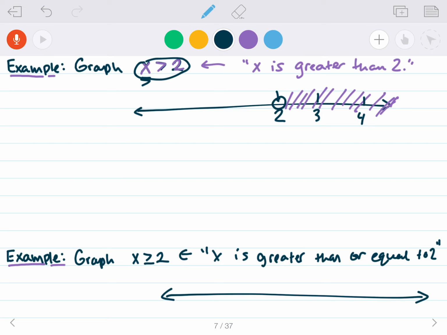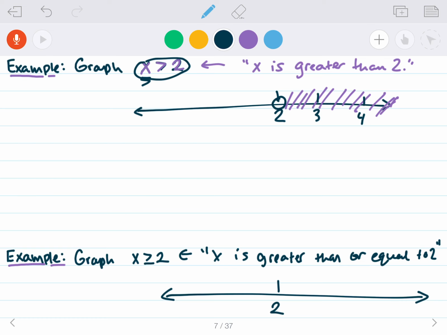So that means that we can include 2 in this set. It's not like the previous one where it had to be strictly greater than 2. So I find 2 on the number line. I just make up a point where it should be, because a number line is infinite in length.